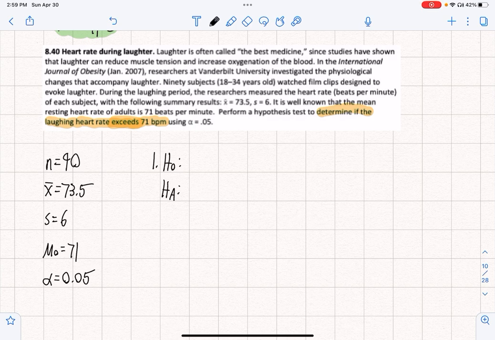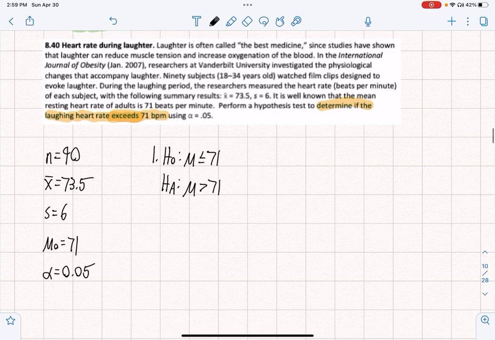So I'm going to say mu greater than 71 because the question is asking whether the heart rate exceeds 71. So that's a greater than question. So mu is greater than 71, which means our null hypothesis, the complement of that, will be mu less than or equal to 71. Okay, so let's note that this is going to be a one-sided test. It's one-sided because we have a greater than symbol.